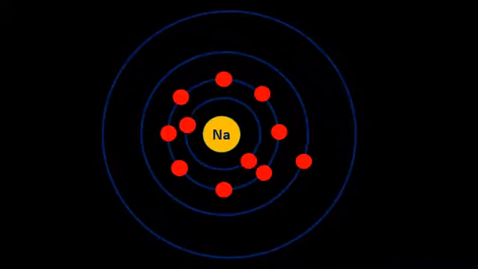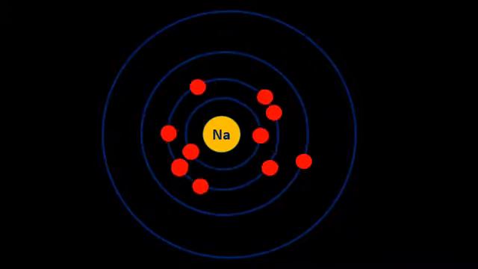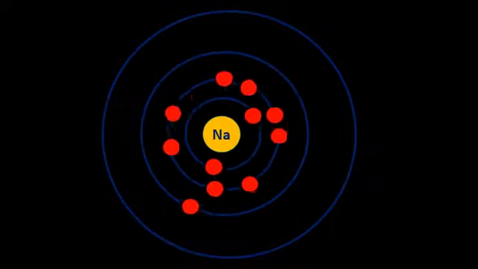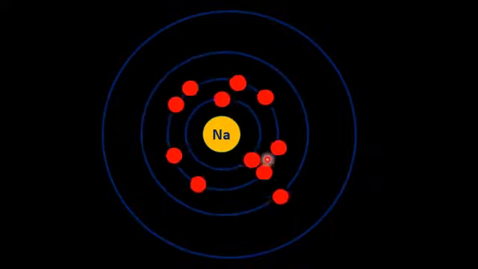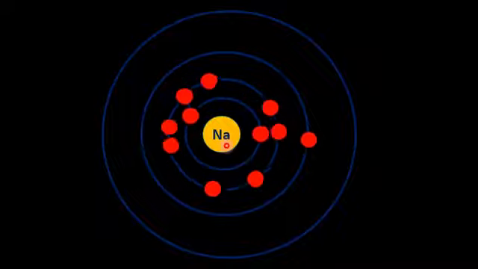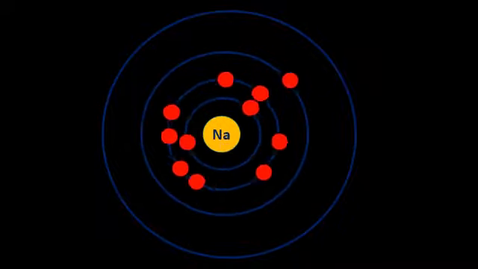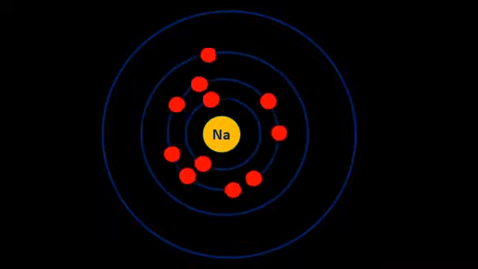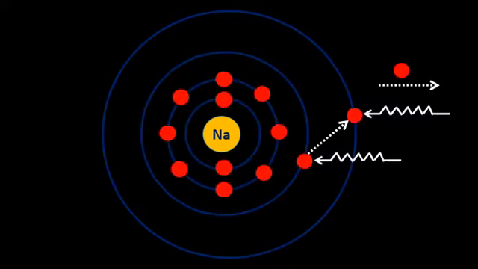So this schematic basically represents the movement of the electrons around the nucleus.